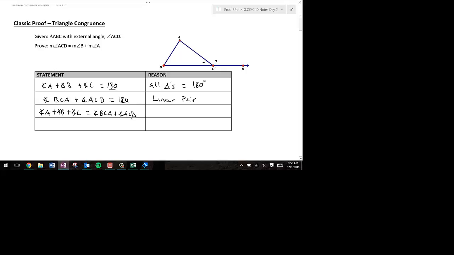What is important to notice is that angle BCA is the same thing as angle C. This was our substitution, or the transitive property, whichever one you prefer. Since angle C and angle BCA are the same thing, we can subtract those, and we get angle A plus angle B equals angle ACD by our subtraction property. So there's a more formal proof of what we're looking at here.